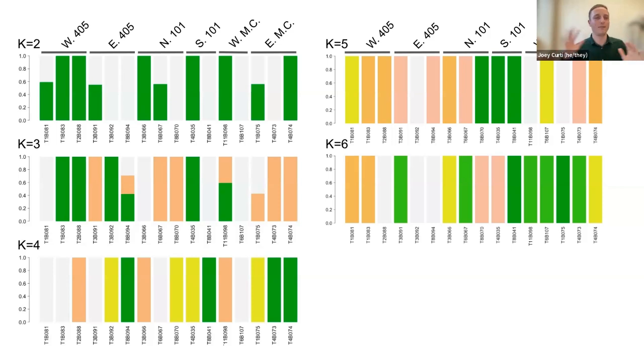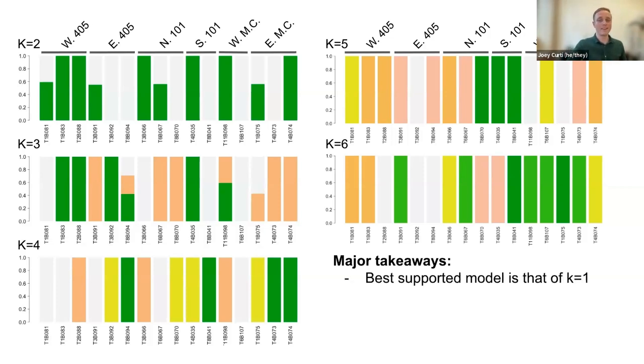Don't worry if this is very confusing and there's a lot going on. The main takeaways here are, one, when we ask this model what is the best supported model based on our genetic variation data, it says that really through this analysis, there's only one population of quail across the Santa Monica Mountains at the locations that we sampled.